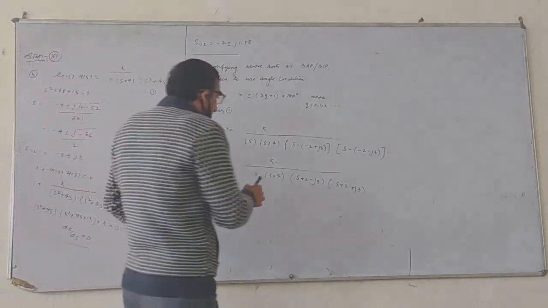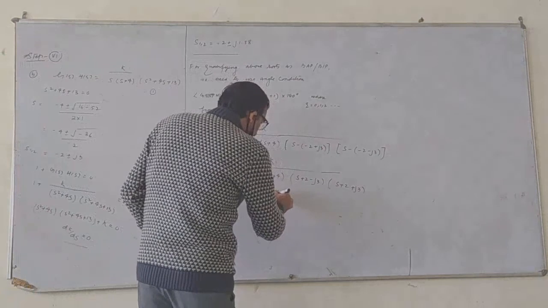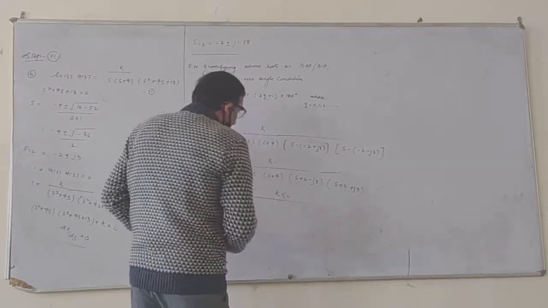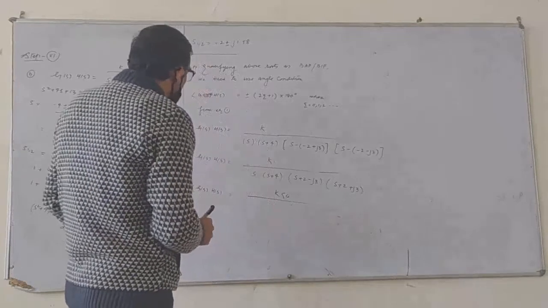Now K is at an angle of 0. Let's take the angle condition. Now I have to substitute the value of s.